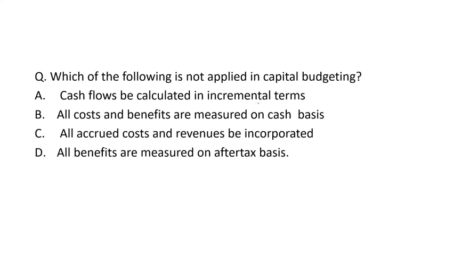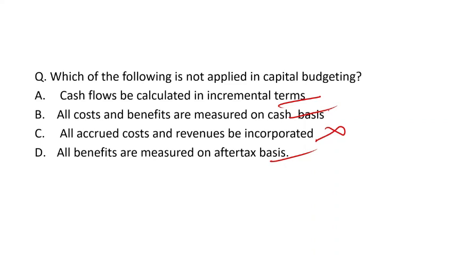Cash flows are calculated on an incremental basis, so this is totally correct. All costs and benefits are measured on a cash basis. This is also correct because we generally use the cash flow term. All benefits are measured on an after-tax basis. This is also correct. But all accrued costs and revenues are incorporated: this statement is totally incorrect.